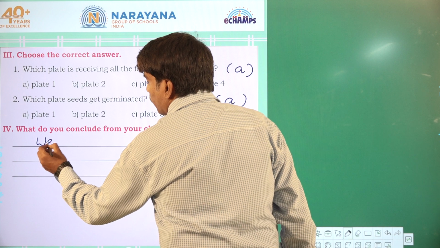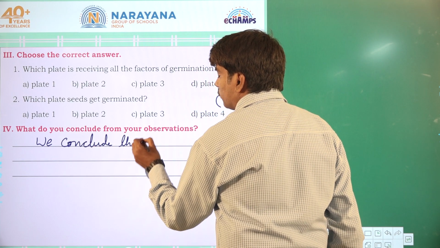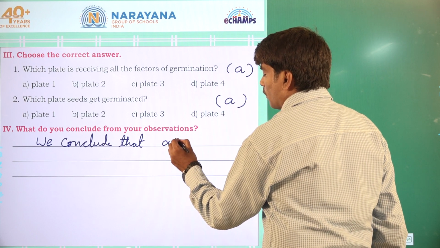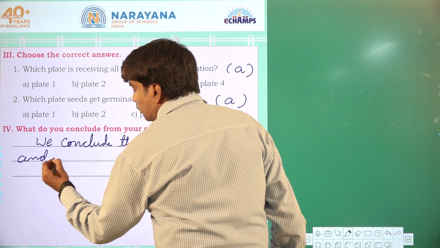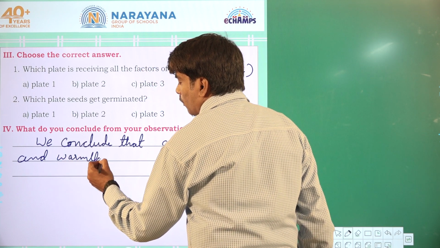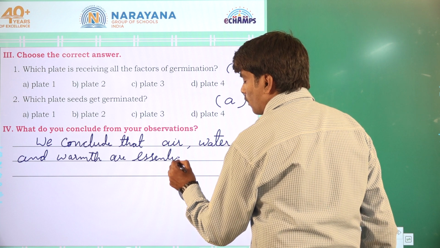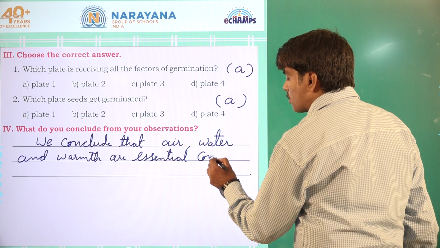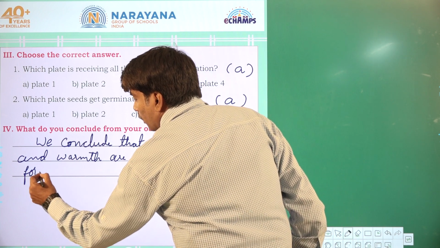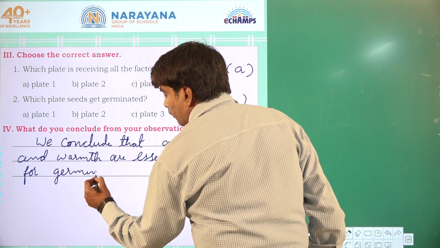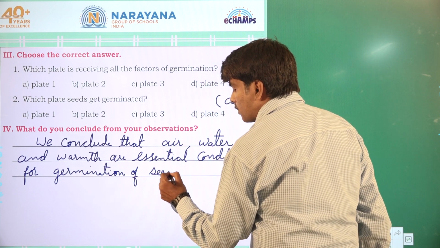We can write that we conclude that air, water and warmth are essential conditions for germination of seeds.